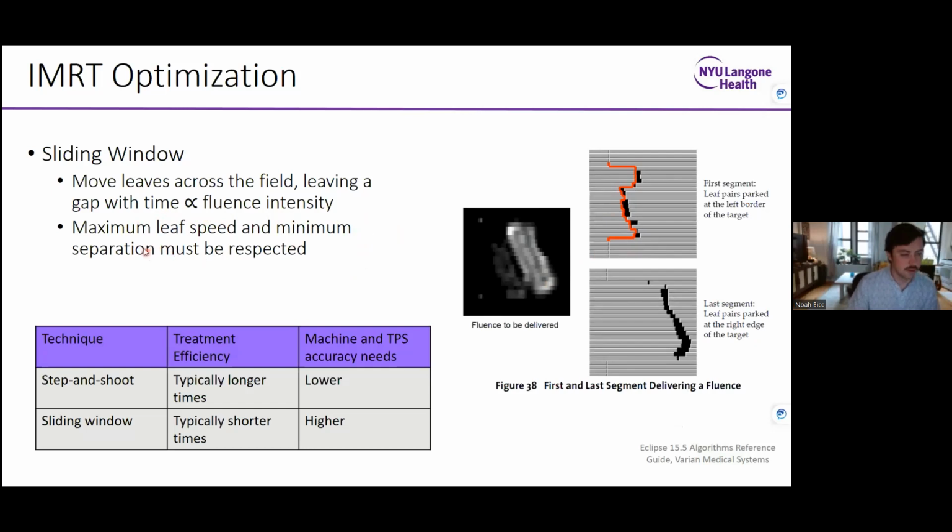One thing to note is that maximum leaf speed and minimum leaf separation must be respected. Sliding window IMRT typically requires a shorter time to deliver, but demands more from your machine and treatment planning system.